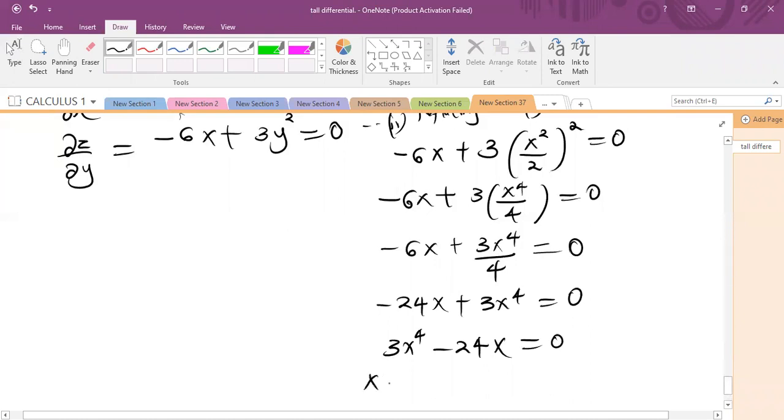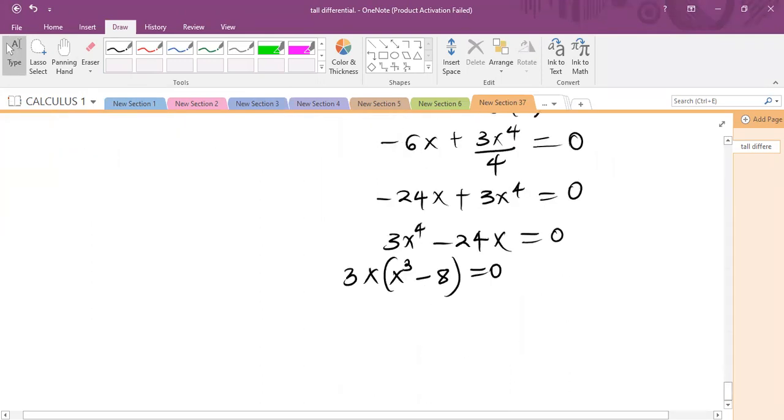Okay, so if I factor out 3x, I will have x cubed minus 8 is equal to 0. So this basically gives me 3x is equal to 0 and x cubed minus 8 is equal to 0.